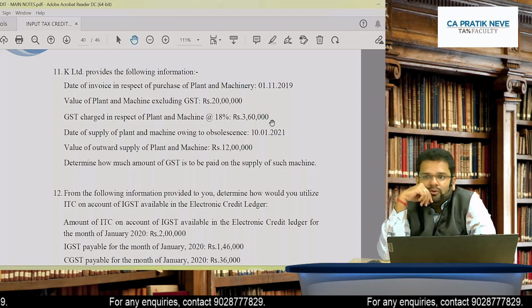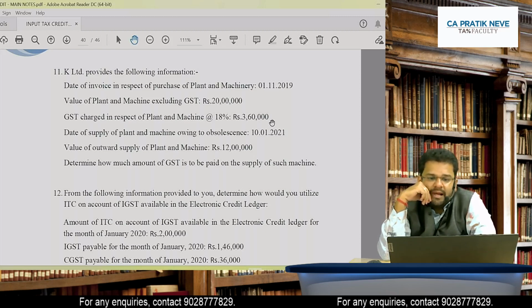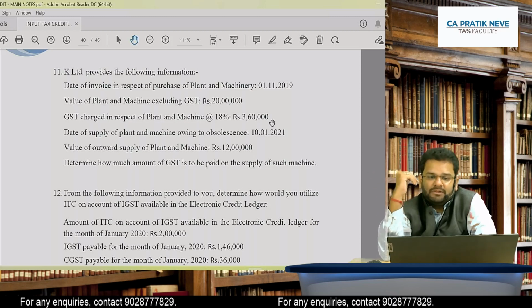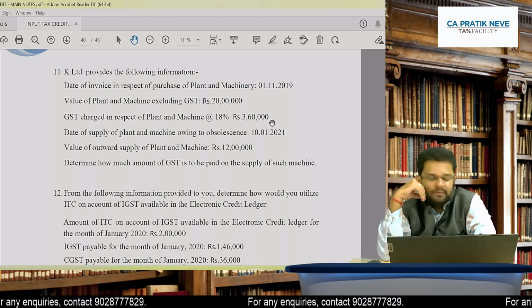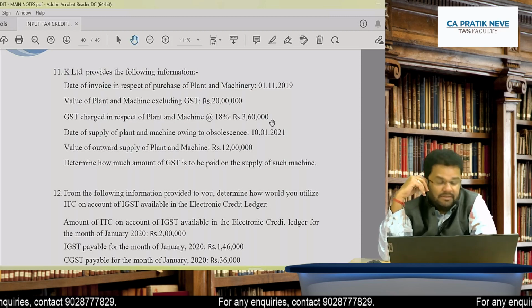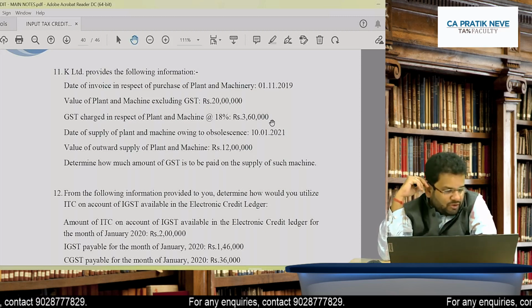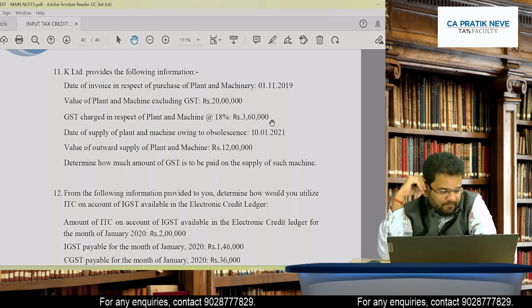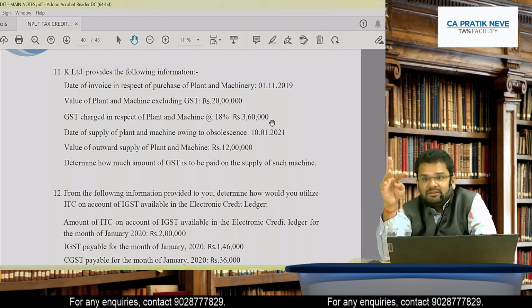Sale value of capital goods is 12 lakhs. So that 12 lakhs multiplied by 18%. How much are you getting? 2,16,000. So how much to pay, Lakshmi? Should you pay 2,16,000 or 2,52,000? You will pay whichever is higher.